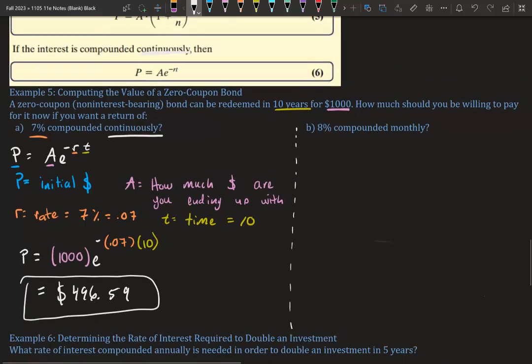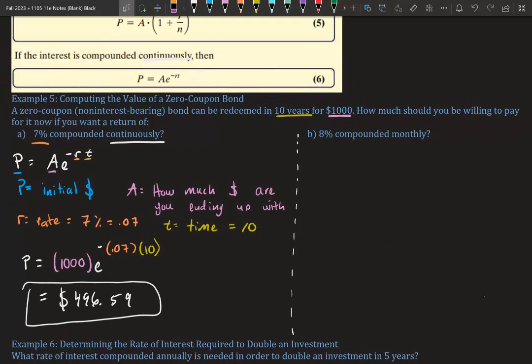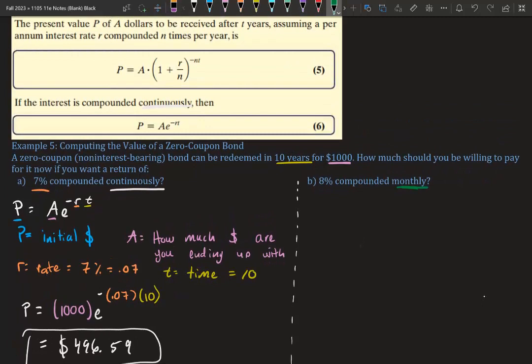So we're compounding monthly. Since we're compounding monthly, that's a certain number of times per year. That means we need to use this formula. P equals A times 1 plus R over N to the power of negative NT. All right, P, that's not changing. That's how much we want to know. How much now do we have to fork up?